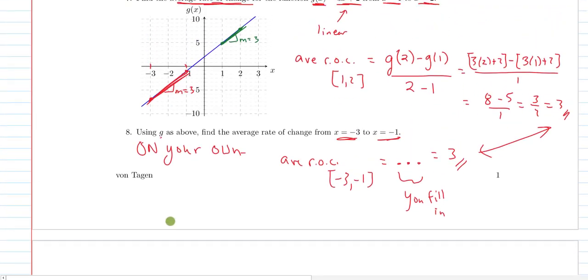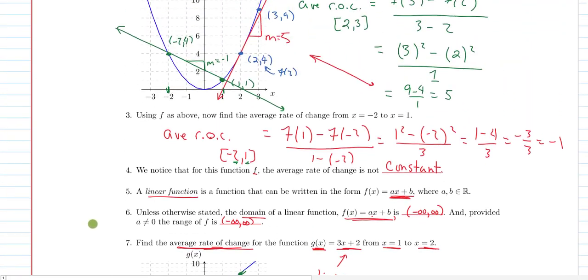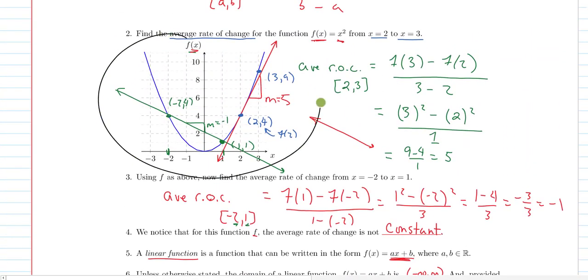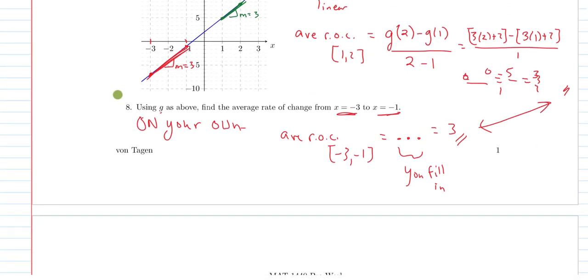Again, you want to contrast this example with the original example that I gave you, where for one pair of points, the average rate of change was 5. For another pair of points, the average rate of change was -1. And so the average rate of change was not constant for the function x squared, but it is for these lines. Okay.